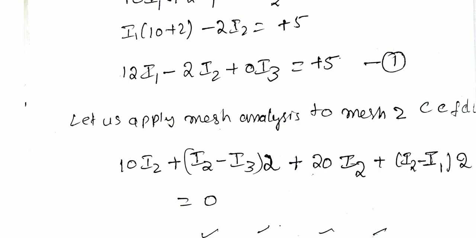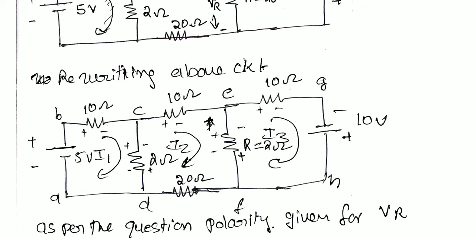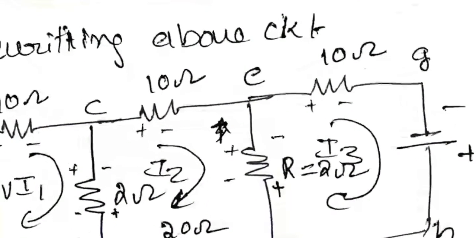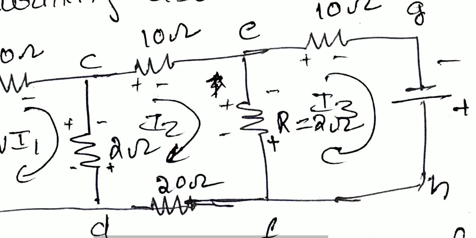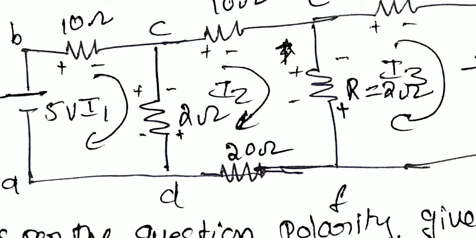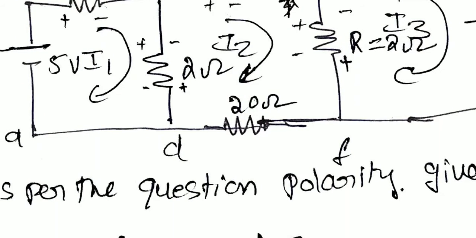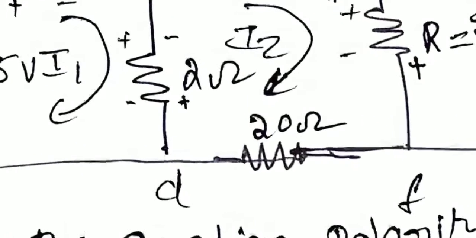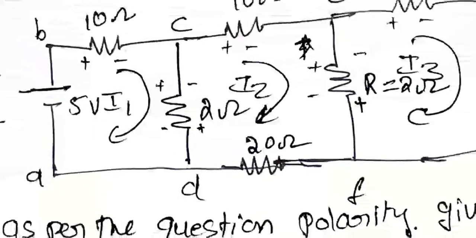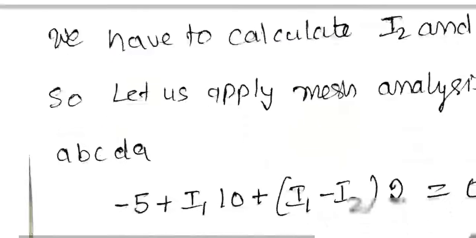If we apply KVL to the second loop, the current connected to the 10 ohm resistance is I2, so I2 into 10. The resistance connected here is 2 ohm into (I2 minus I3), and 20 ohm with current I2, and the 2 ohm resistance here carries I2 minus I1.